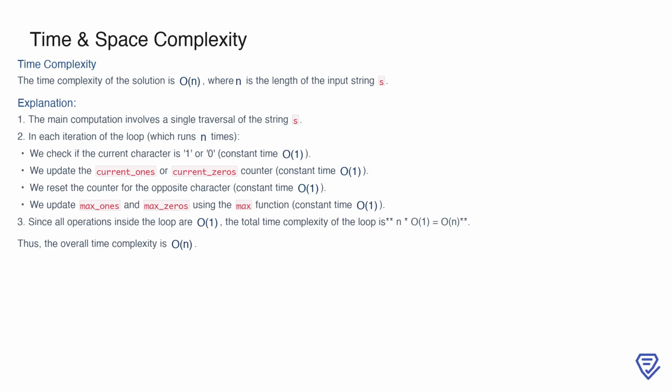Specifically, we check whether the current character is 1 or 0, update the relevant counter for either ones or zeros, reset the counter for the opposite character, and update the maximum values using the max function. Each of these individual steps takes O(1) time. Since all operations are constant time and occur within a single loop, the overall time complexity is simply n multiplied by O(1), resulting in O(n). This ensures that the solution scales linearly with the size of the input string.